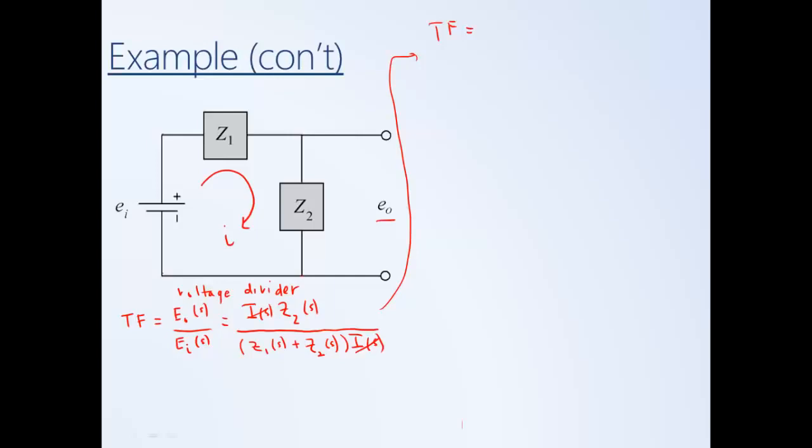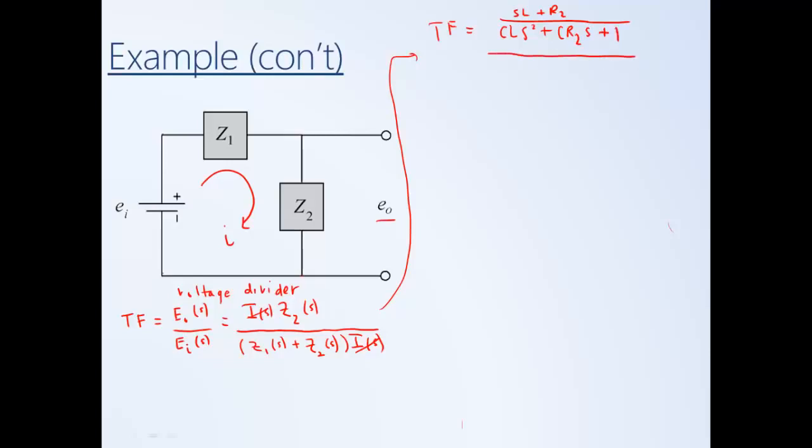So the expression for Z2 had a numerator of SL plus R2, and then a denominator of CL times S squared plus C R2 times S plus 1.